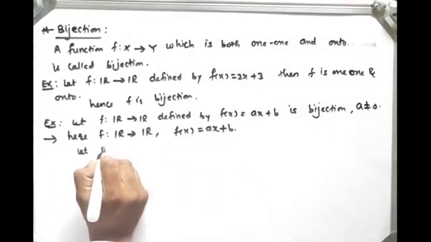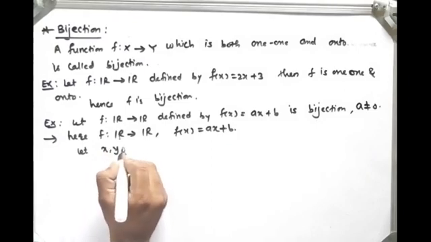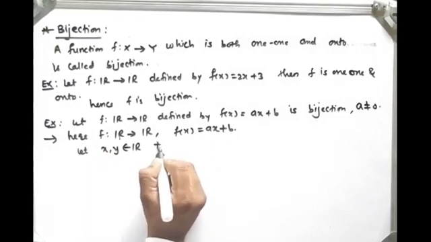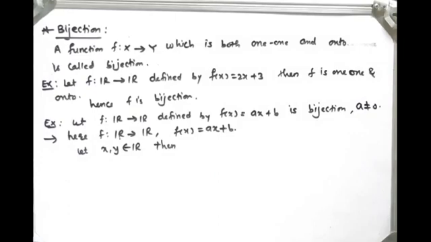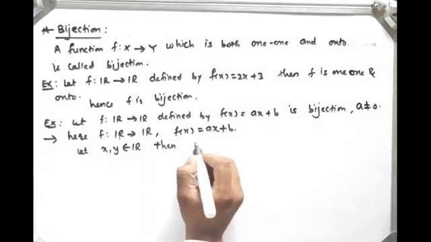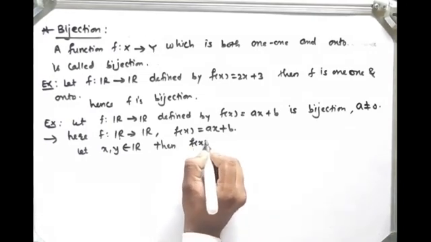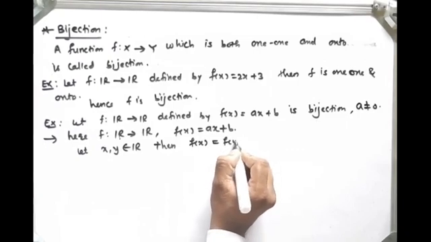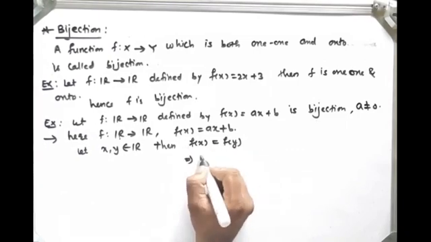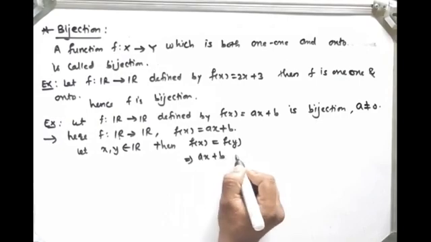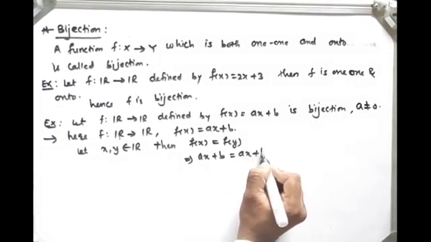Now first to show the function is one-one. I will take two values from real number R domain, then we can show the function is one-one in two ways. If function values are equal then the elements are equal, and the other way, if elements are different then function values are always different. So first, if f of x is equal to f of y, then ax plus b is equal to ay plus b.